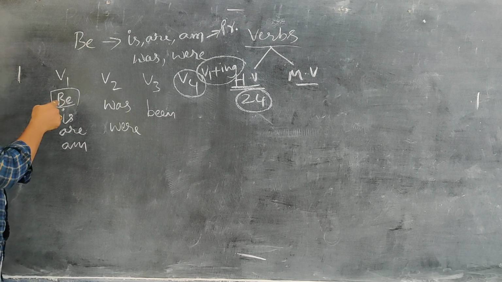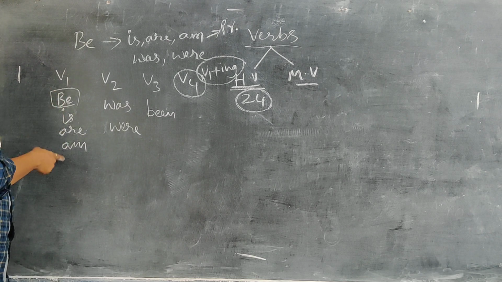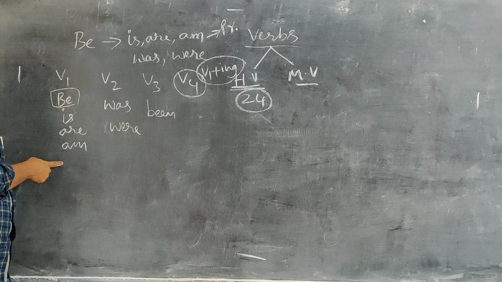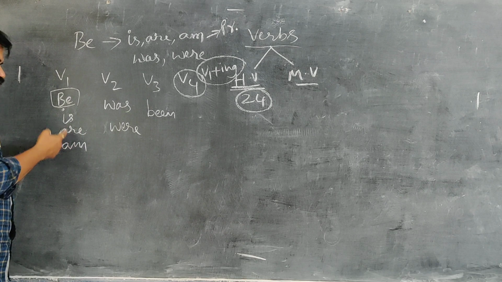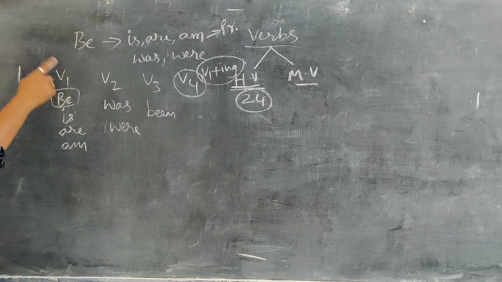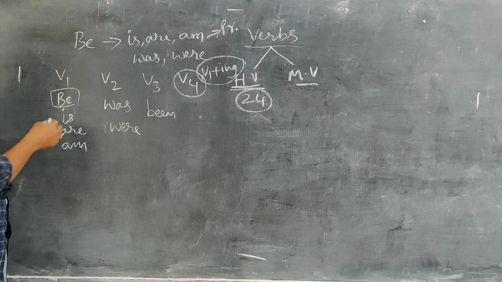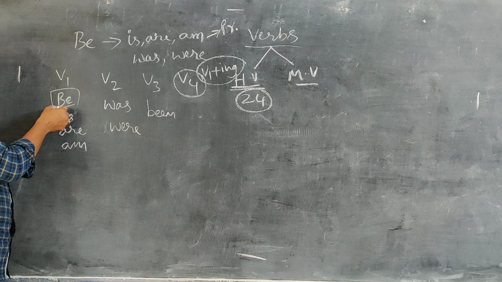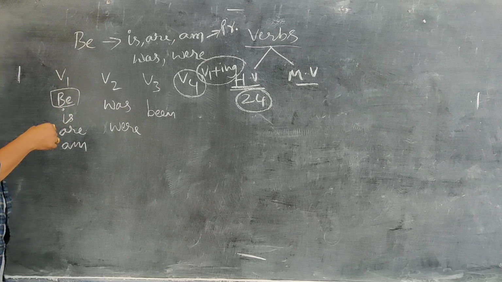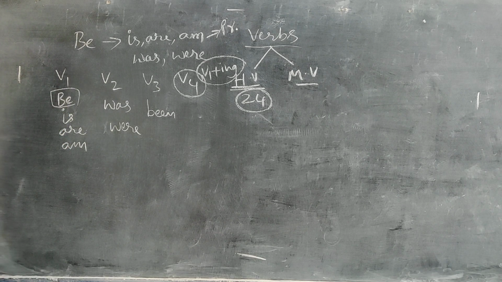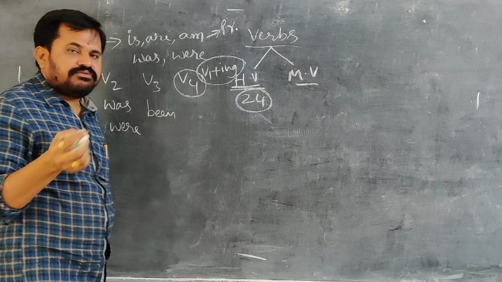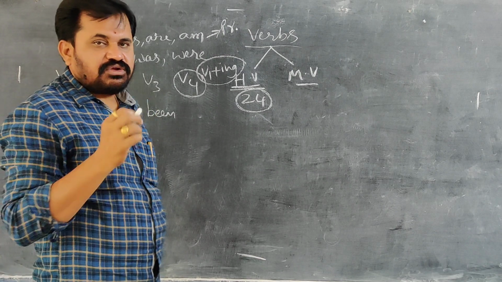Whenever you see V1, these four forms will be seen by you. So you may get a doubt about which word to add ing to. Whenever you see more than one word in V1, means 2 or 3 or even 4, you have to know which is the base form or root form of the verb in that V1.